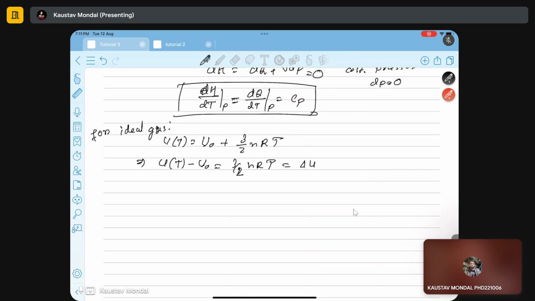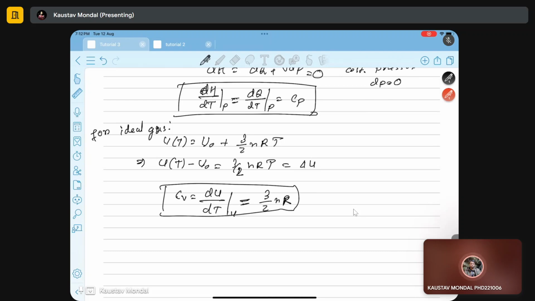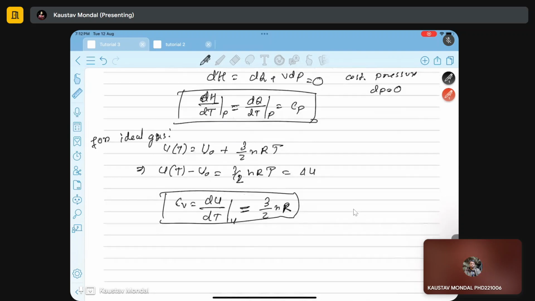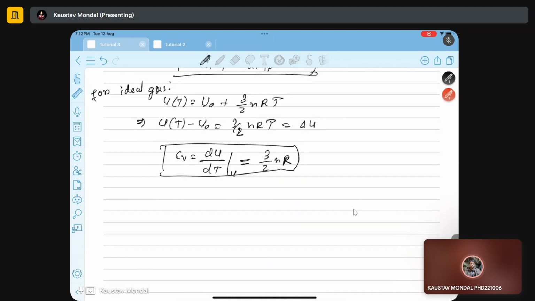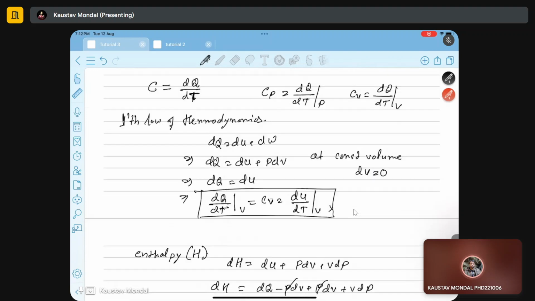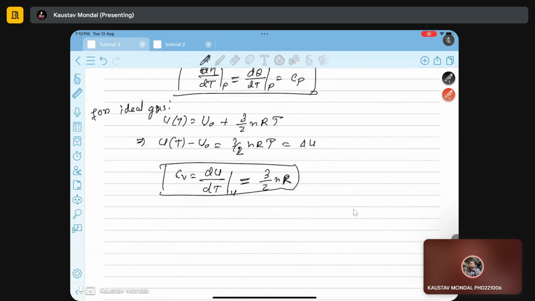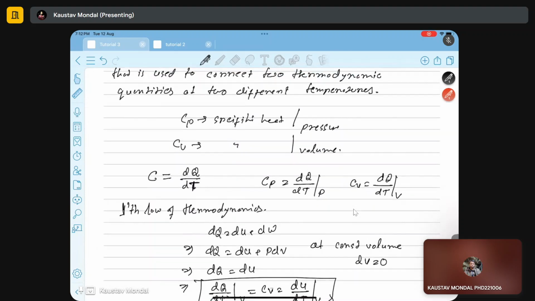So Cv we know can be written as dU/dT at constant volume. That simply becomes 3/2 nR, right? T will be gone. So this is basically a fixed term, Cv is basically a constant term, 3/2 nR. So this is the way you can calculate the specific heat at constant volume for an ideal gas.